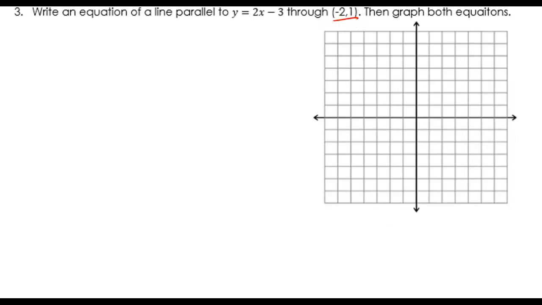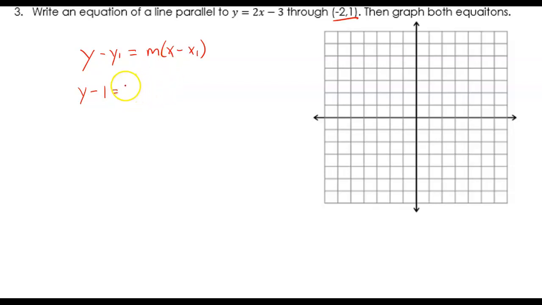So if I want to find the equation for a line with a slope and a point, I'm going to use point slope form again, and I can just plug in what I know. y minus y1 equals m times x minus x1. And I have the slope, so I'm going to plug that in, and I have 2 points. My y is 1, so I'm going to say y minus 1.